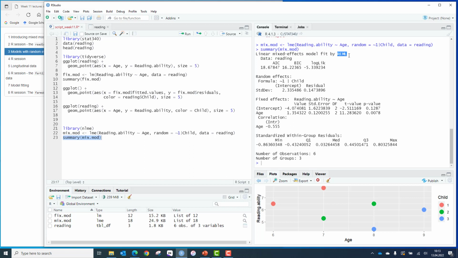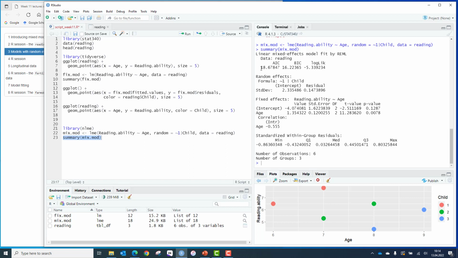What does this mean? And here we recognize this AIC, Akaike's information criterion. If you go back to like week 2, I think we talked about this, and we will come back to that later today. This is a criterion that tells us a little bit about how well this model fits the data, in a sense.